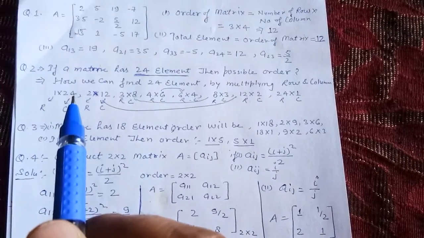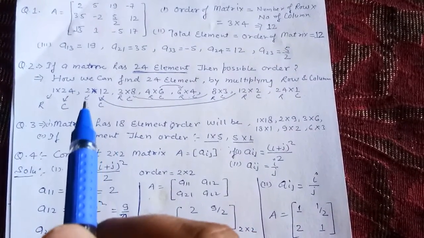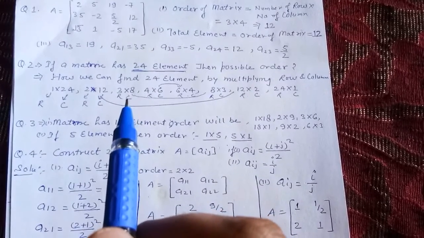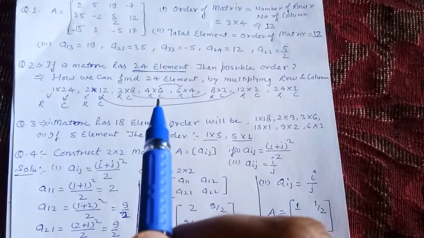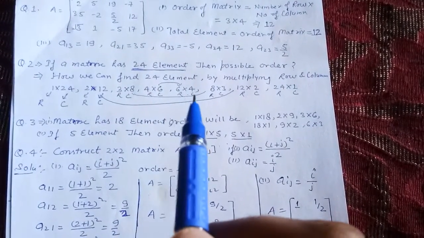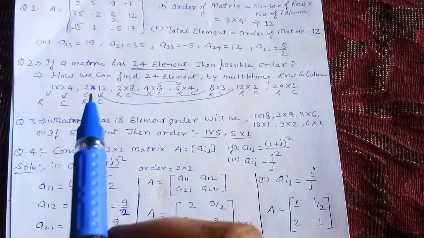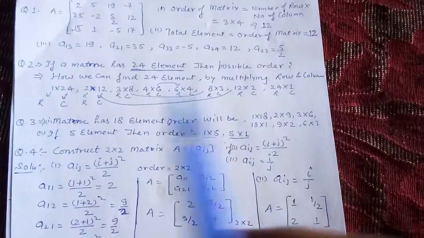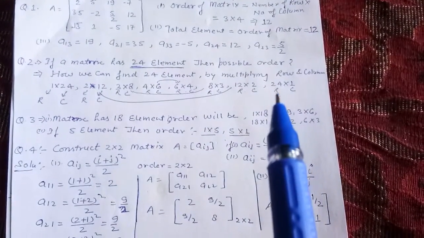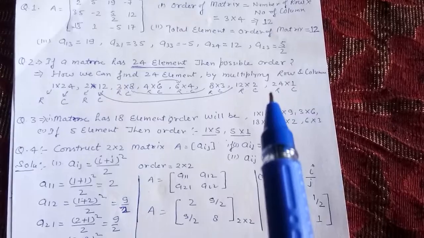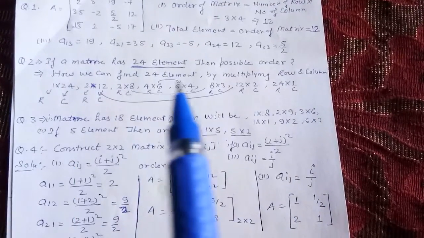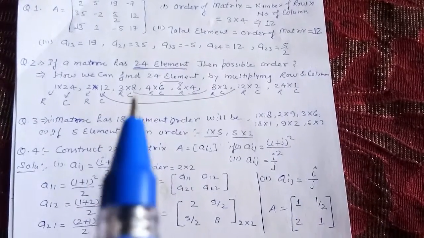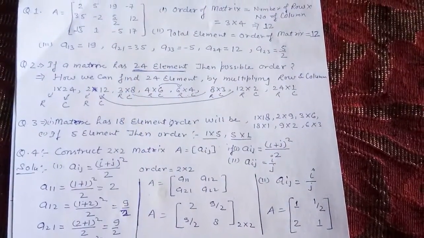So 1 into 24, 2 into 12, meaning 2 rows and 12 columns, 3 rows and 8 columns, 4 rows and 6 columns, the converse of it 6 rows 4 columns, 8 rows 3 columns, 12 rows 2 columns, and the converse may also be possible, that there are 24 rows and one column. It means these are the possible orders of the matrix if a matrix has 24 elements.